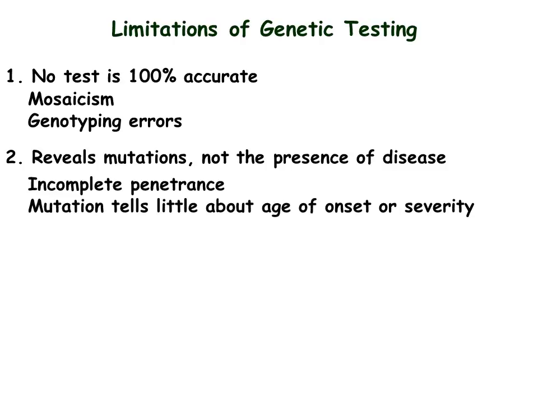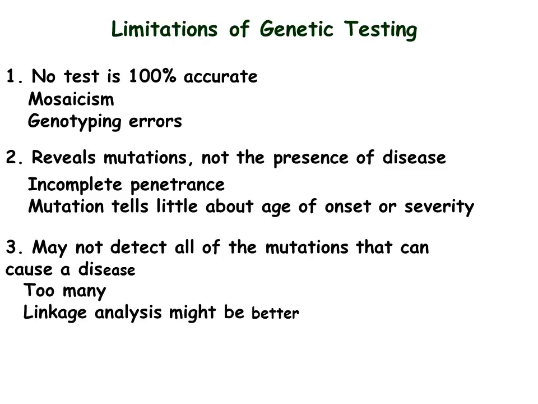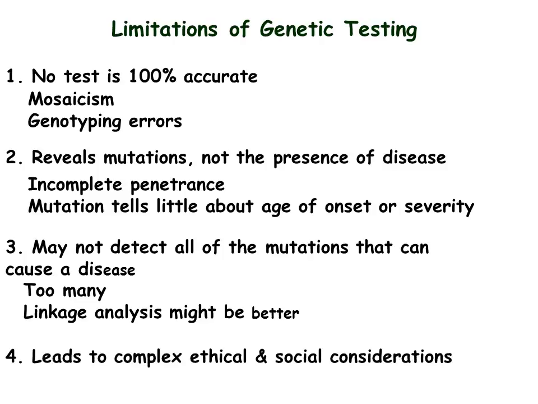And a mutation tells little about the age of onset or how severe it's going to be. We may not detect all of the mutations that can cause a disease. That's another problem. There may be too many different mutations. This is definitely true with cystic fibrosis, and in those cases, linkage analysis may actually be better. And of course, again, it leads to those complex ethical and social considerations.